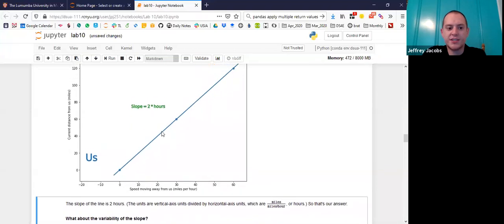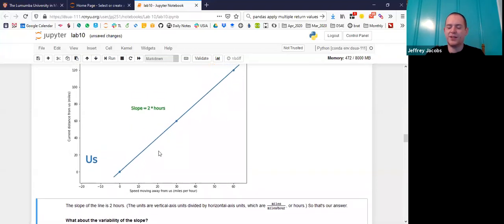Because if you remember from algebra or pre-calculus or some class, the slope of a line is exactly its rise over run, which means you go a certain amount up in the y-axis for every amount that you go to the right on the x-axis, right?